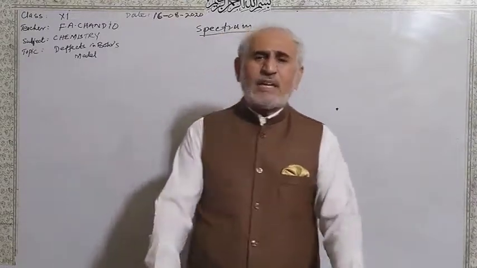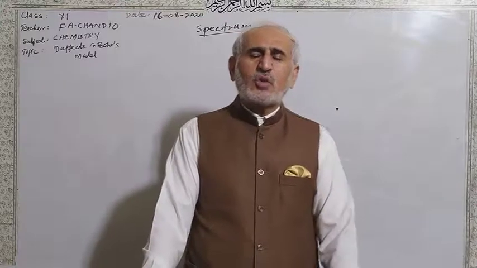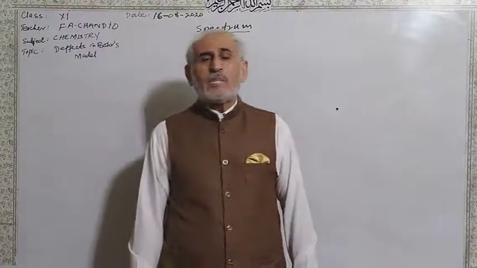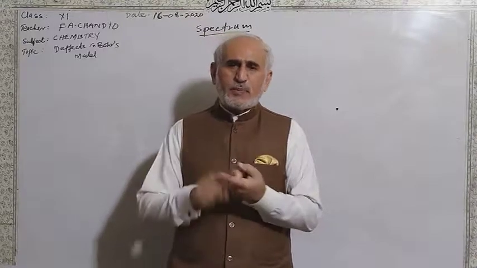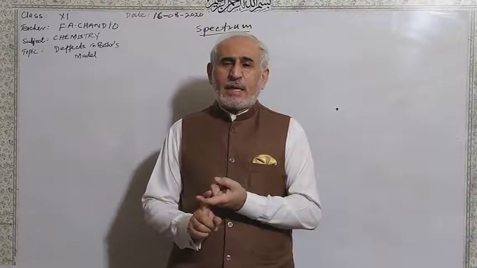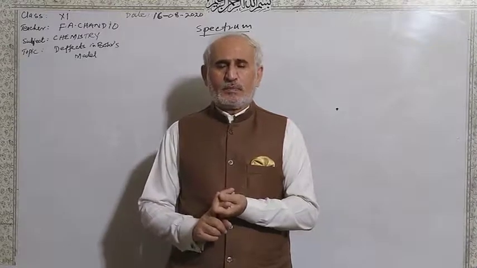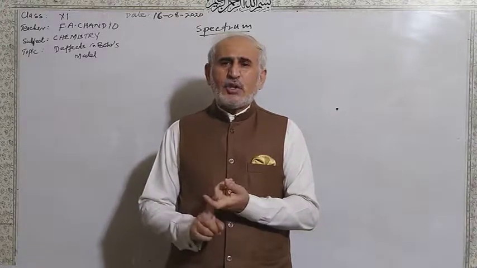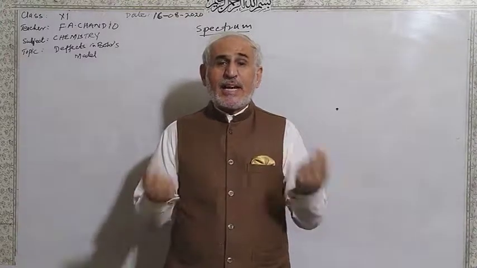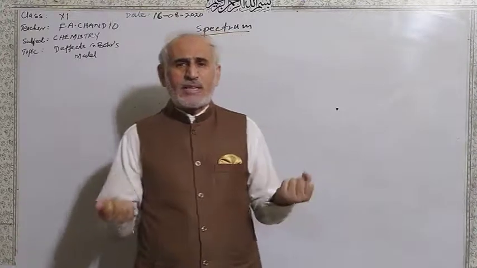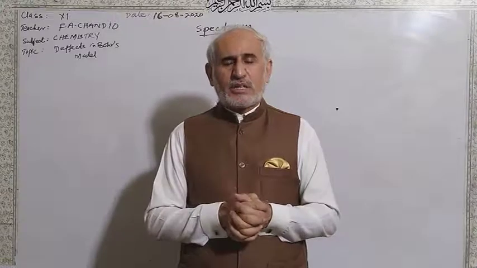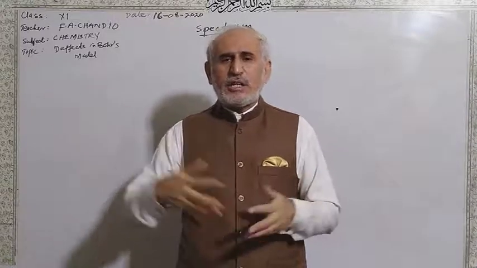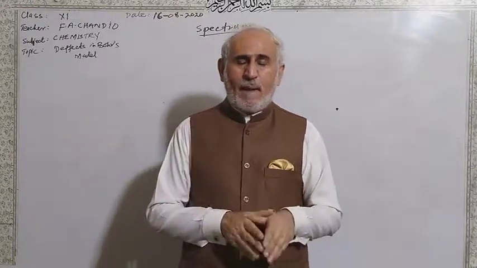Now we will see the visible spectrums. There are two of them. Number one is called a continuous spectrum. A rainbow is a type of continuous spectrum because all the colors are merged with each other. There is no discontinuity between these colors.